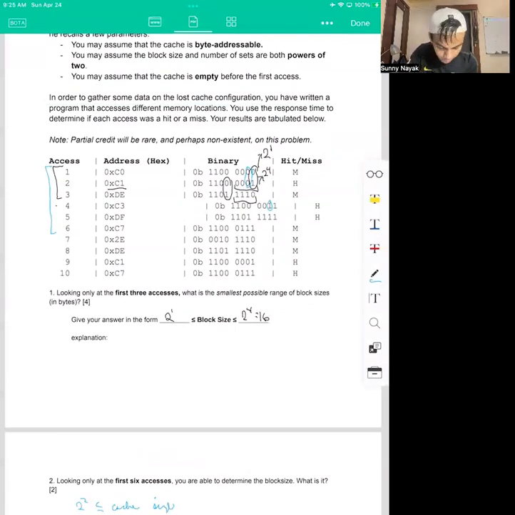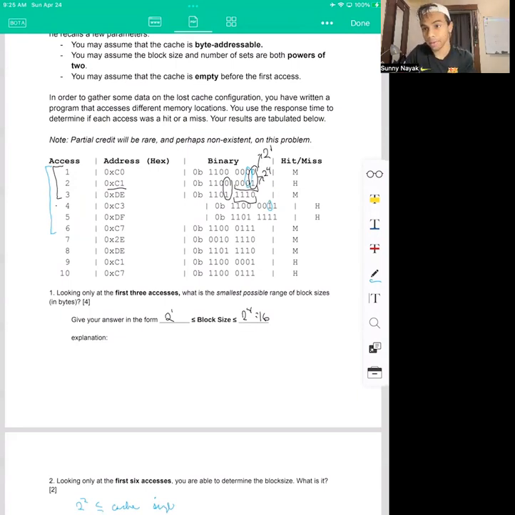Then we're going to look at the next axis, which is DF. And we get a hit. So this isn't all too surprising because DE we know belongs in the cache right now. C3 couldn't possibly have caused an eviction. And so let's see if we can get any information at DF.